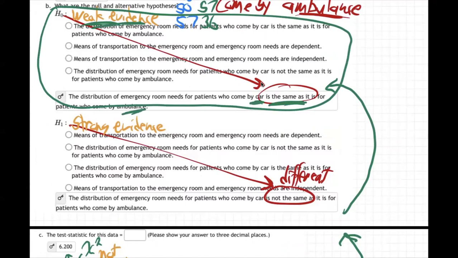That's our conclusion. Why? Because the evidence is just too weak. There really isn't strong evidence of a big difference, at least in these 2 samples, between people who come by car and people who come by ambulance. So our conclusion is the evidence is weak, and we're just going to stick with, hey, they're pretty much the same kind of needs for people who come by car or by ambulance.